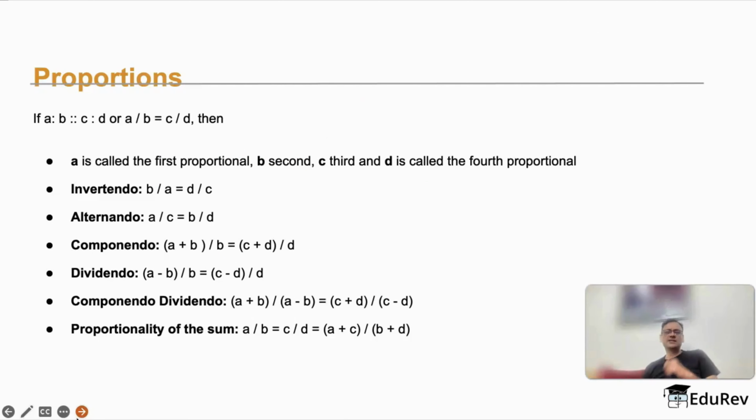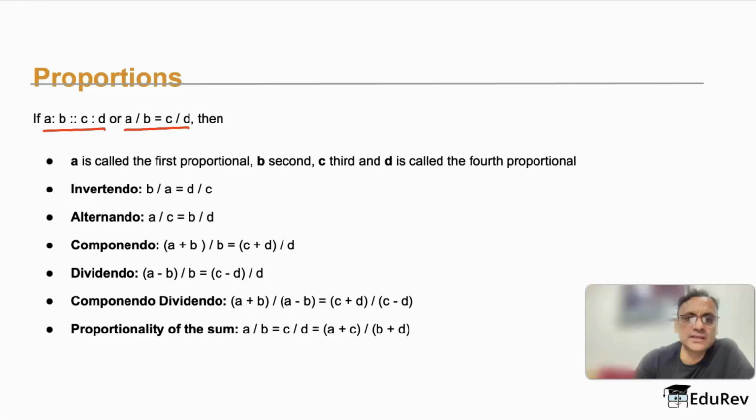And now let's understand some theory here. So if A is to B is as C is to D, or A by B is equal to C by D, then that means basically A, B, C, D are in proportion. Okay, so then let's understand some terms.